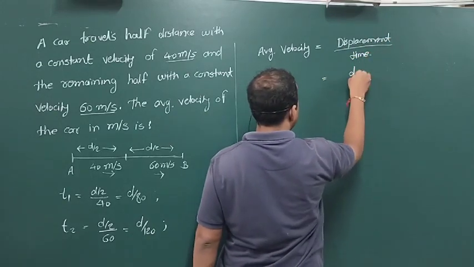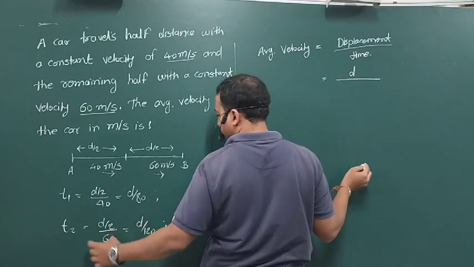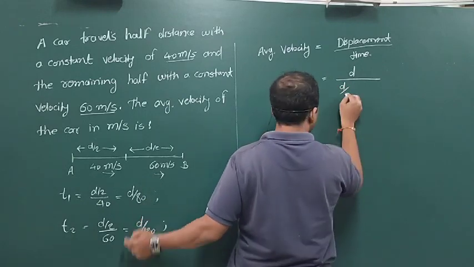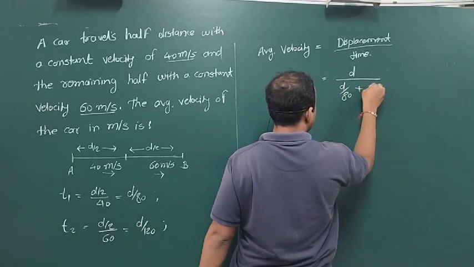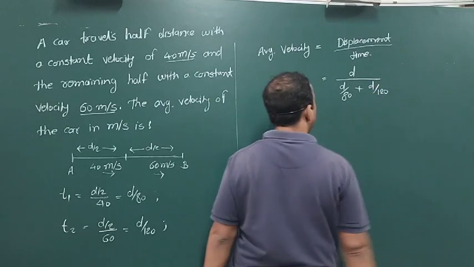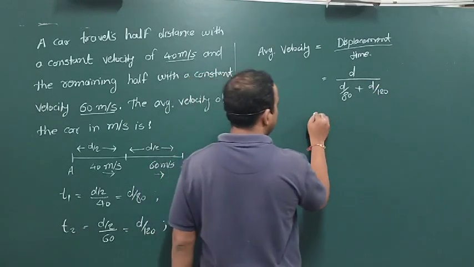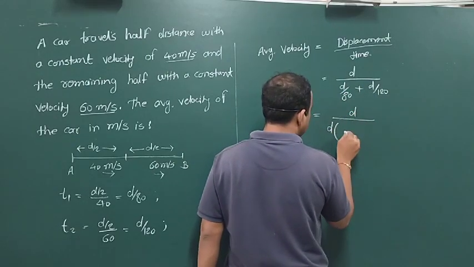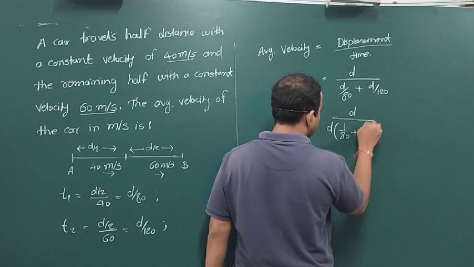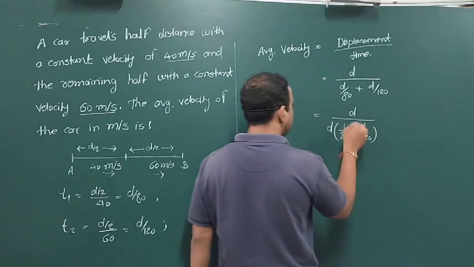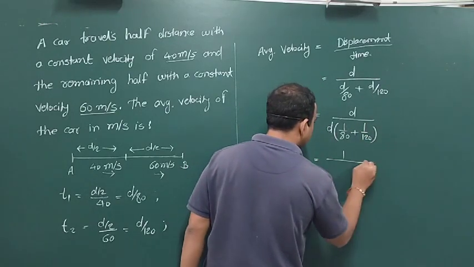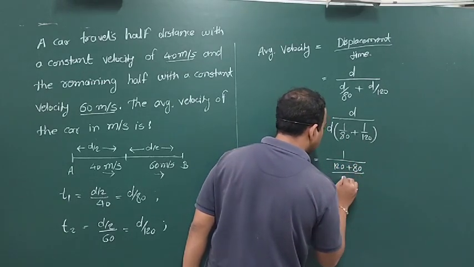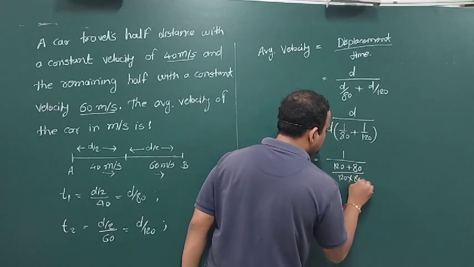So displacement is d upon total time, that means d upon 80 plus d upon 120. Okay. Now see here, d upon, take it common. So 1 upon 80 plus 1 upon 120, d d gets cancelled. So we get 1 upon 120 plus 80 divided by 120 into 80.